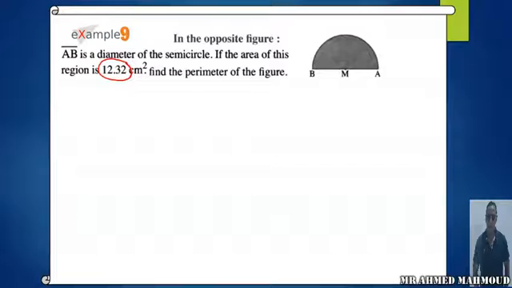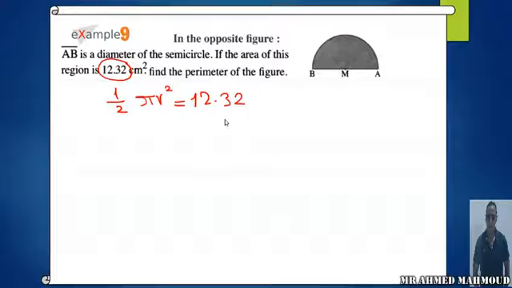The area of the circle equals pi times r power of 2, but this one is a semicircle, then this one is half pi r power of 2 equals 12.32.